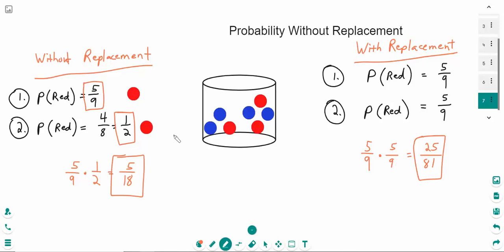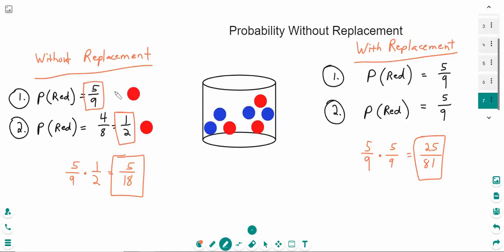Hopefully that clarifies the difference between finding probability where there is replacement and finding it when there isn't. When there's no replacement, there's a little bit more work involved, because every new run of the experiment means we have to revamp the numbers and figure out the new probability for this latest experiment. The last one is going to change it.